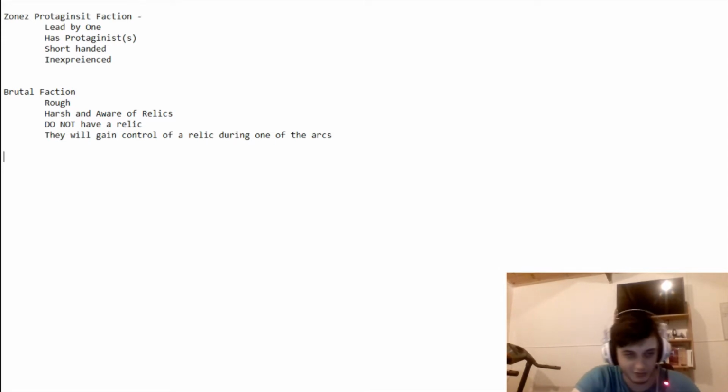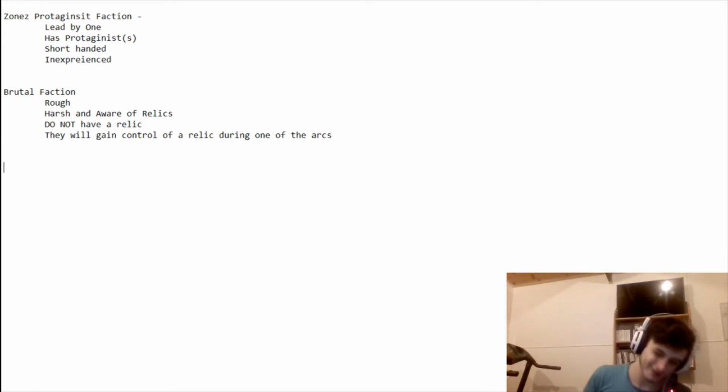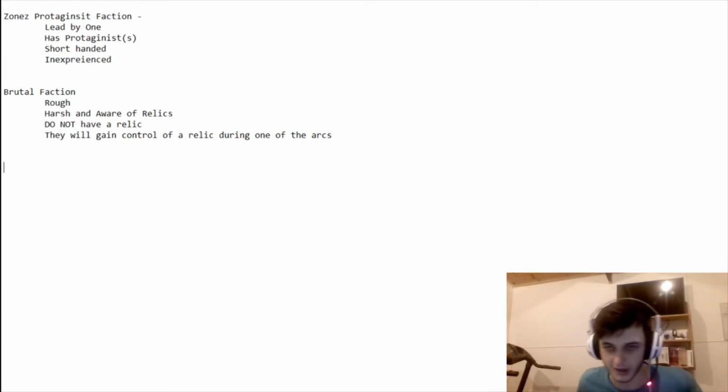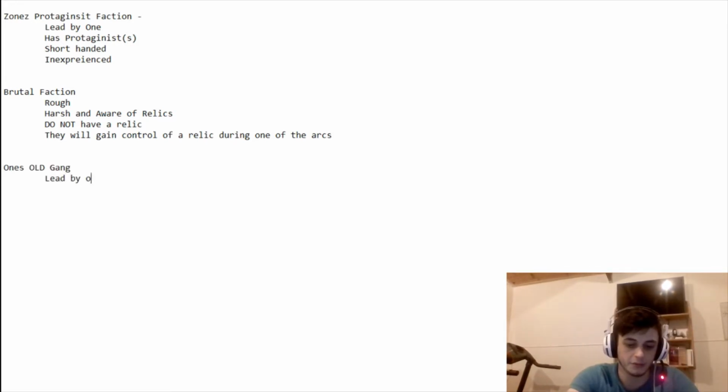That's when they'll shift focus to become not the main antagonist, but the main antagonist of that arc in that season, led by one's childhood friend. So you have that going for it.